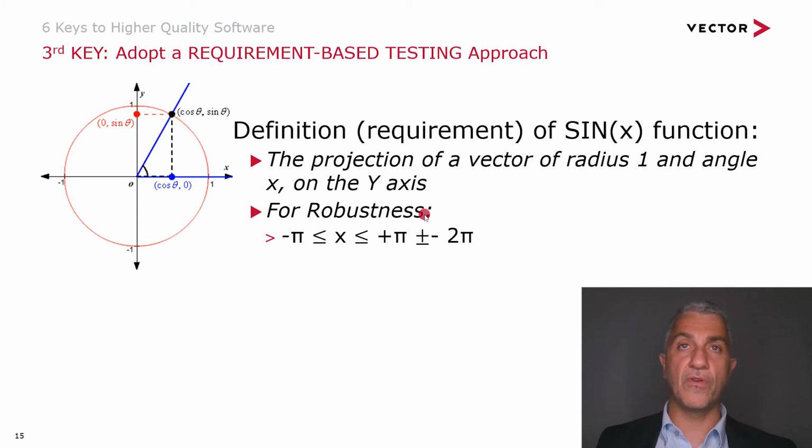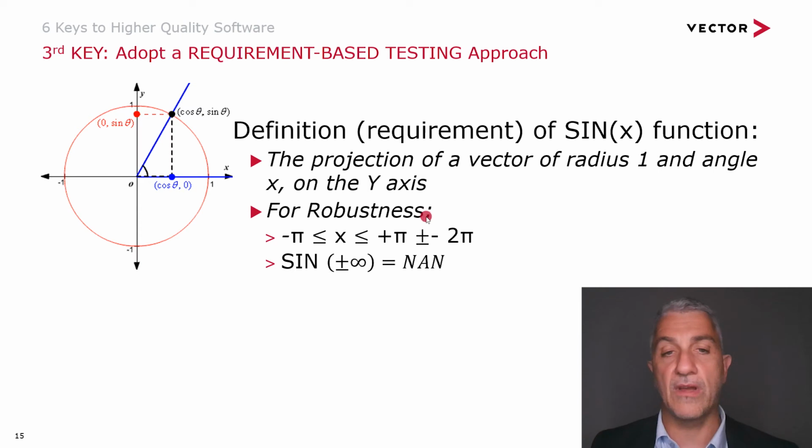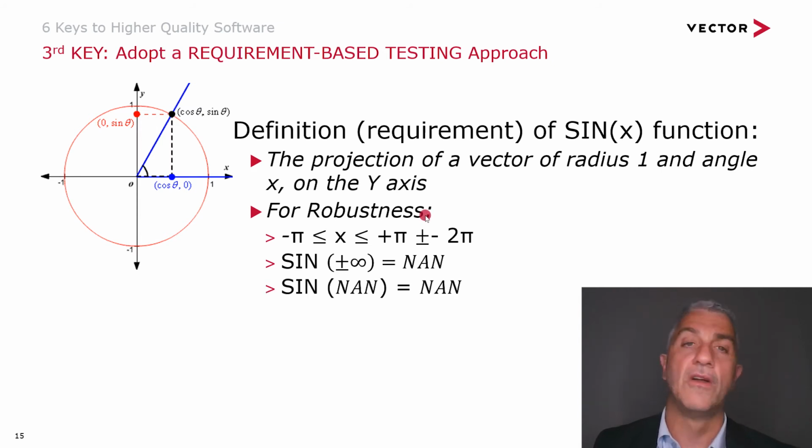For example, you could specify that the angle is between minus pi and plus pi, plus or minus 2 pi, and that the sin of plus or minus infinity is not a number, and the sin of not a number is not a number. So now we have a complete definition of the sin function.